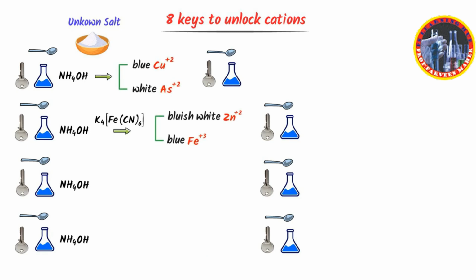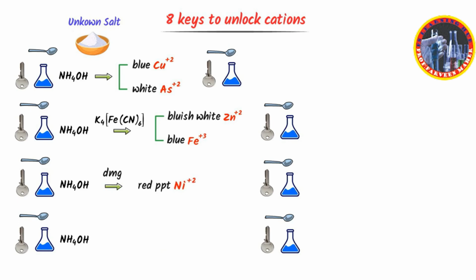In the third key, I add ammonium hydroxide plus DMG. Remember that DMG stands for dimethyl glyoxime. We get 1 possible answer, red precipitate. This red precipitate indicates the presence of nickel ion. In case we do not get red precipitate, I will try the fourth key.